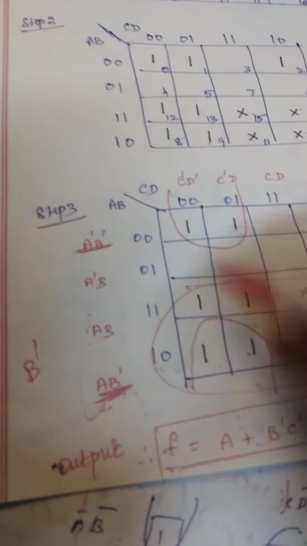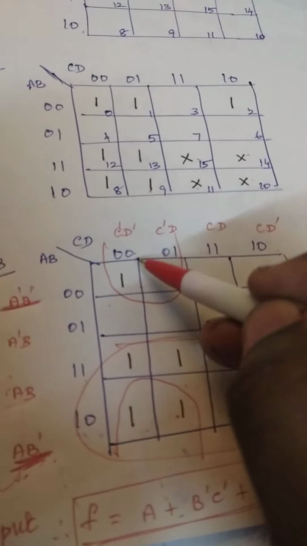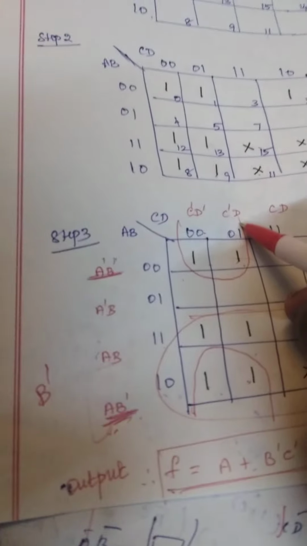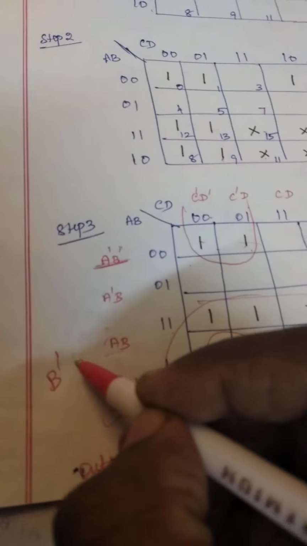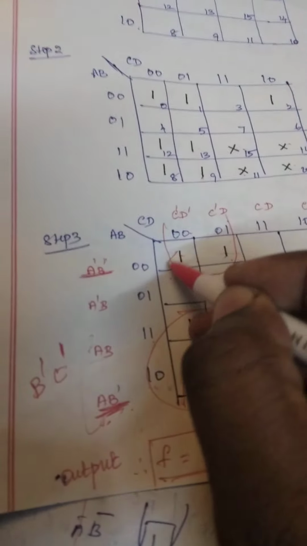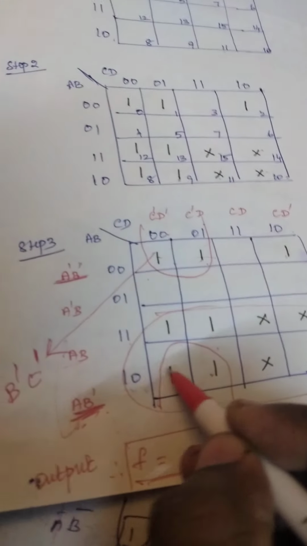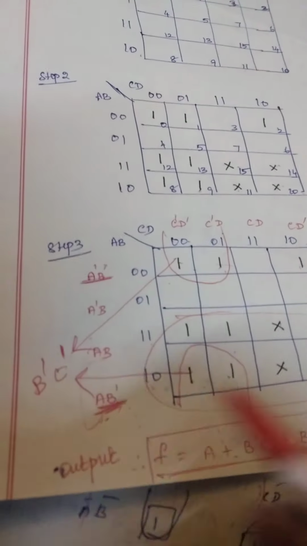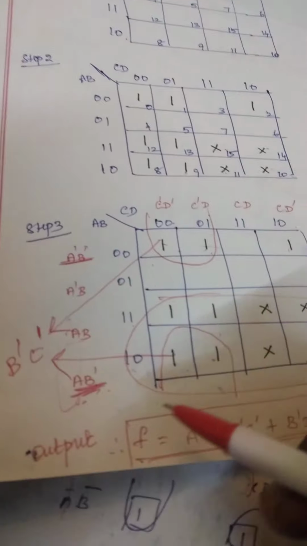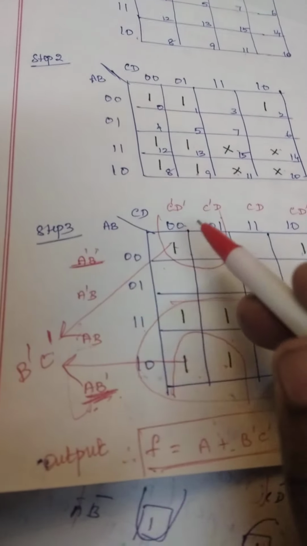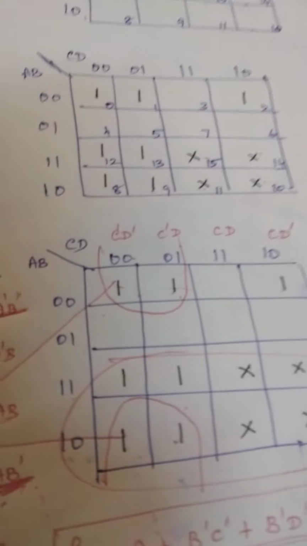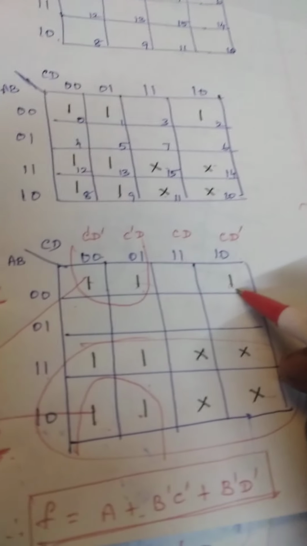B dash is common for these two, and see here, which is common? C dash is common. So for this round we are using B dash, C dash.